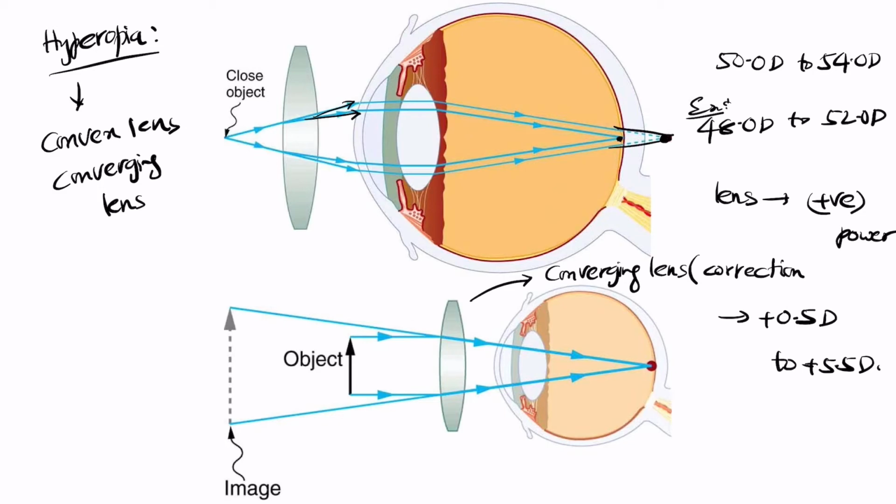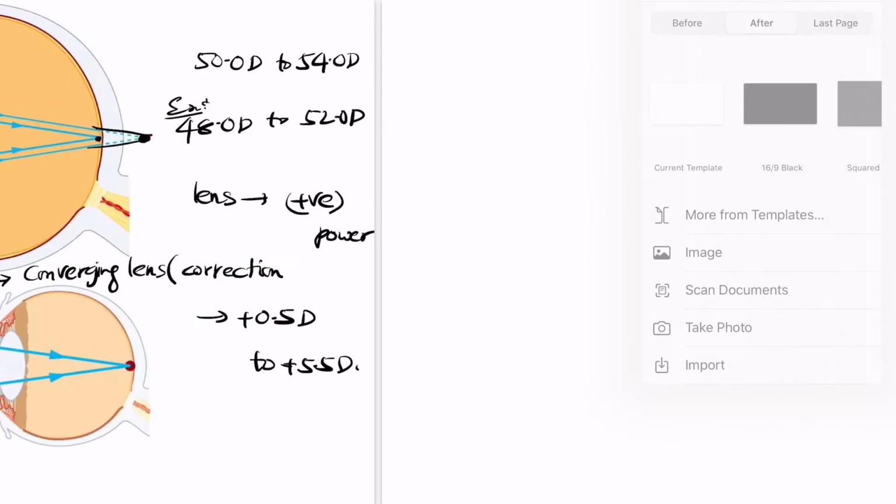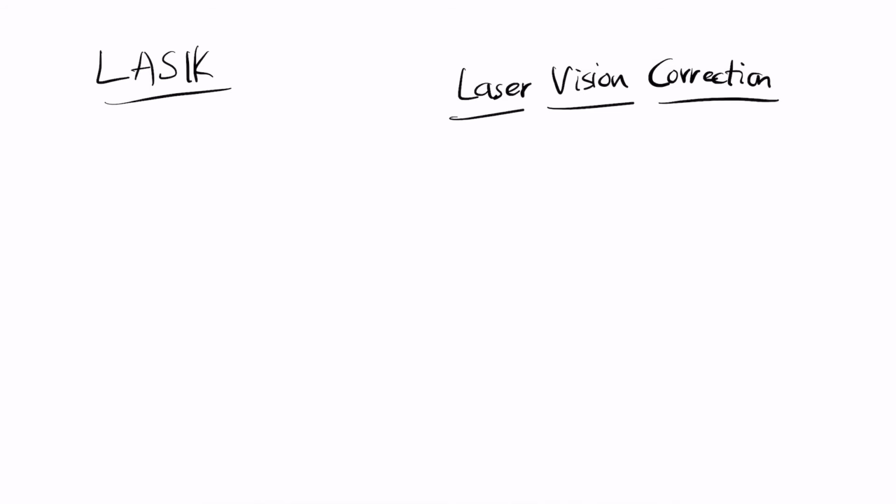So one way is by using the corrective lens. The other method that's commonly used these days is LASIK. I'll be attaching a video to the lecture so that you can see how eye surgery is generally performed and how LASIK generally works. LASIK comes from the words laser vision correction. So we use laser to correct the vision.